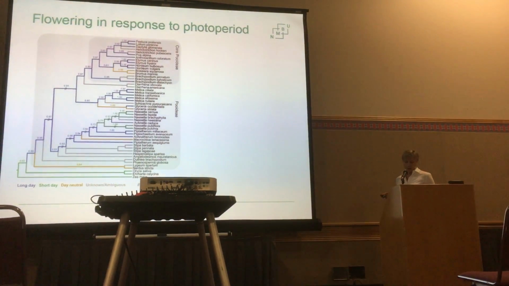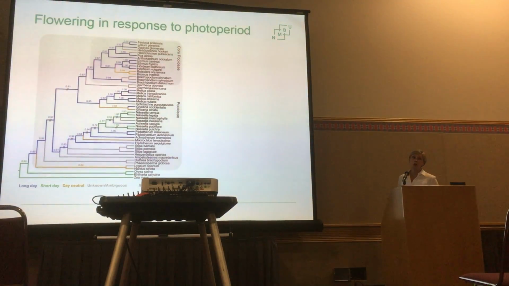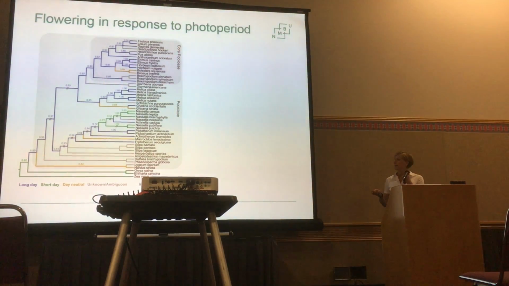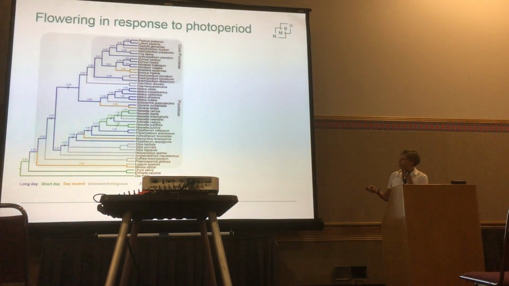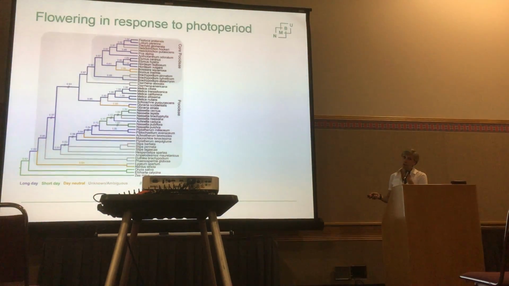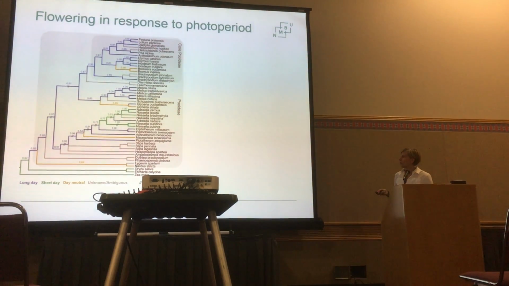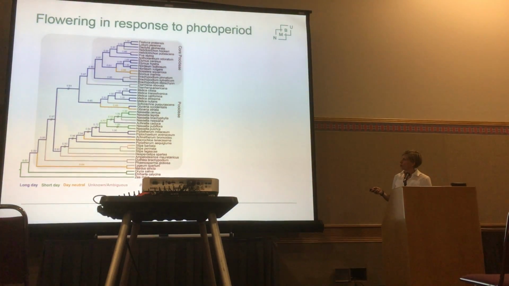And what we find, here is an ancestral reconstruction of the three responses that we measured. Either they are long day responsive, which are in blue, short day responsive in green, or day length neutral, so there's no difference. Also, a bunch of species didn't actually flower in our experiments, so they are shown in gray.